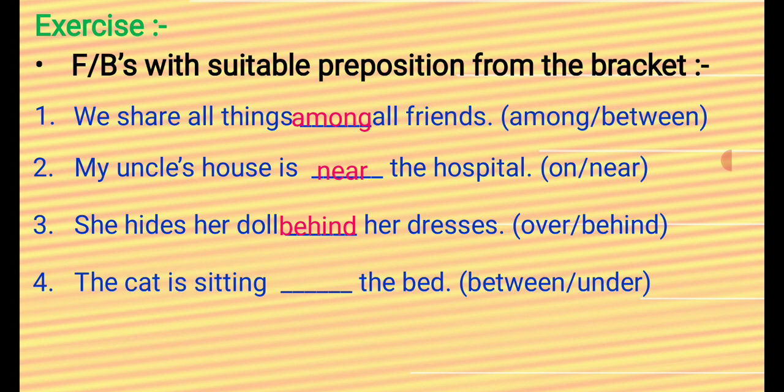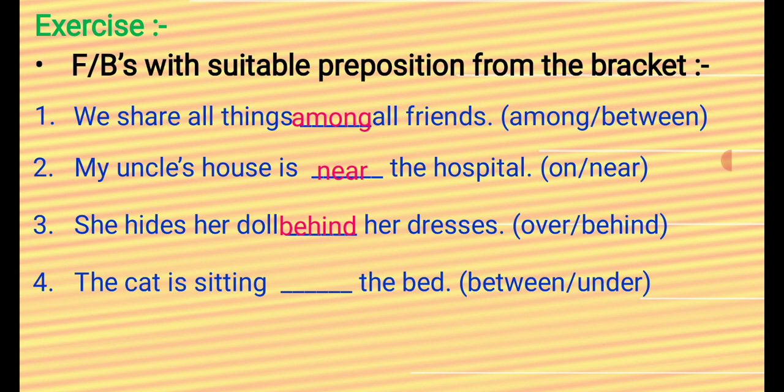Next is, the cat is sitting dash the bed. Just look at the possibility of this sentence. Now you have grown up and you don't need a picture to use the particular preposition. Just think about the sentence. Where can the cat be sitting?